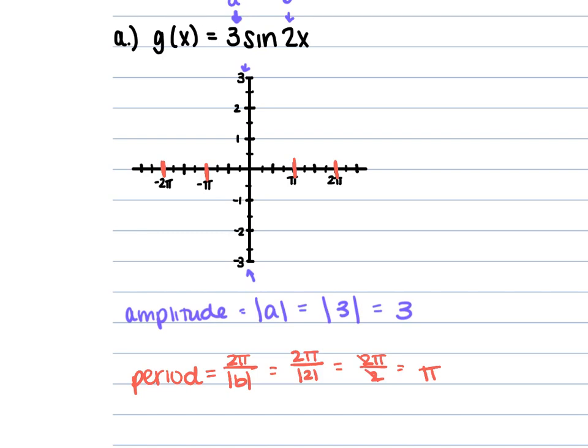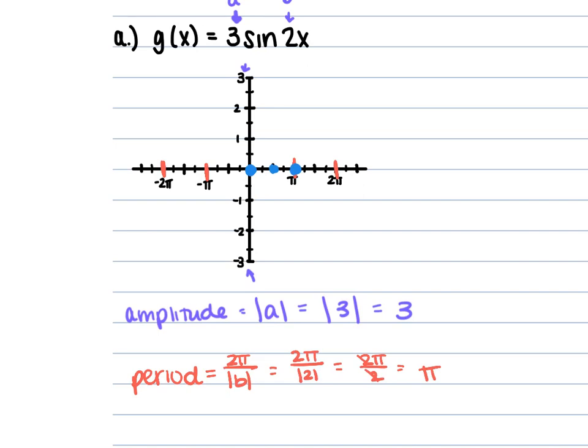So first point here is your origin. That's the 0, 0 point. From there, you want to put a point on your period, which is pi. Then you want that halfway point, which is 1/2 pi, or pi over 2. From there, use your amplitude.